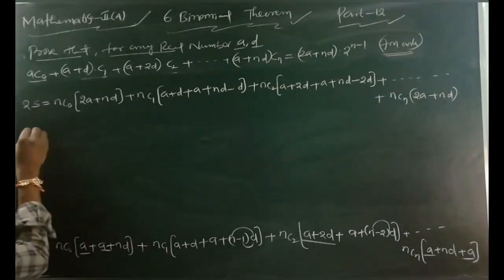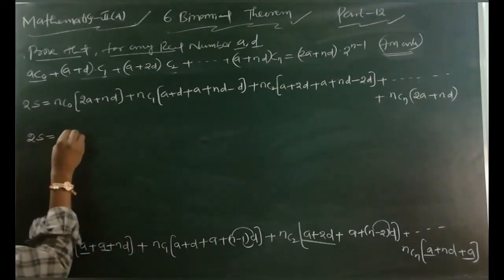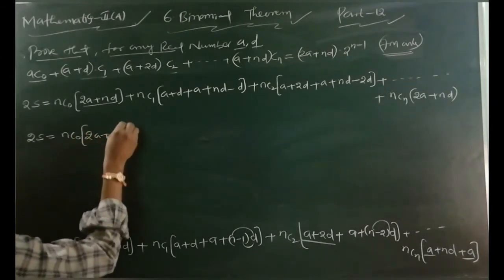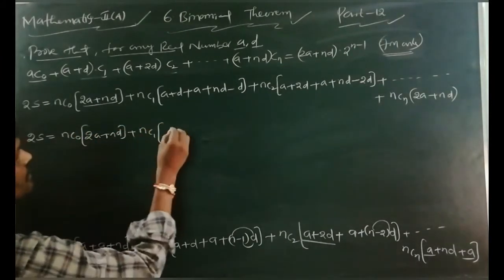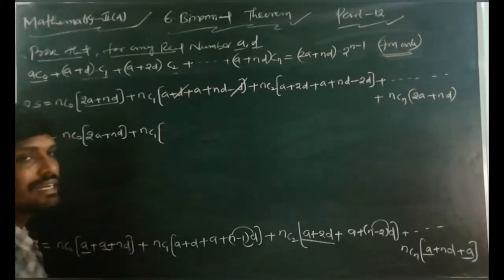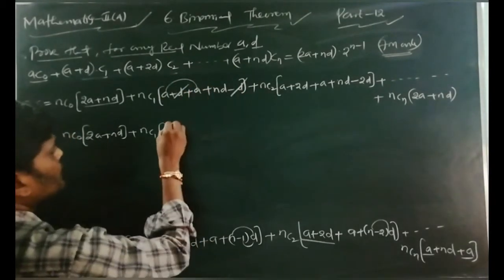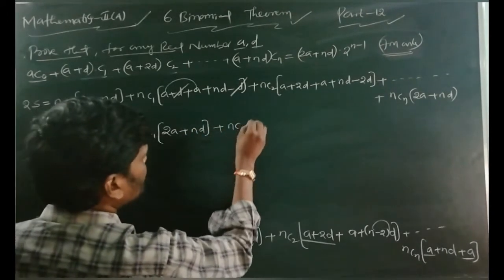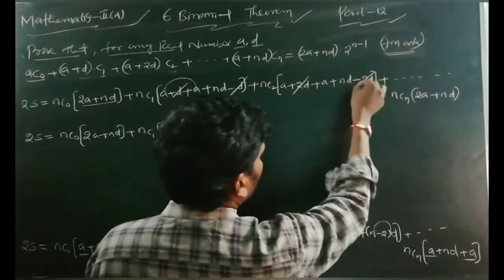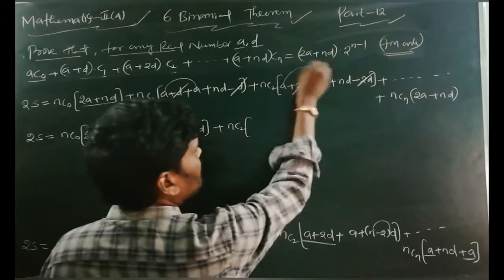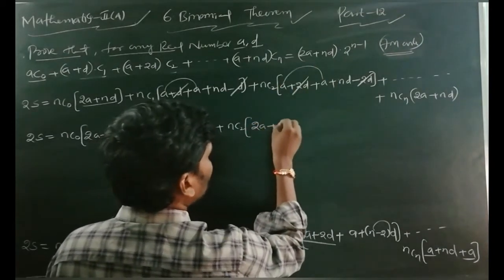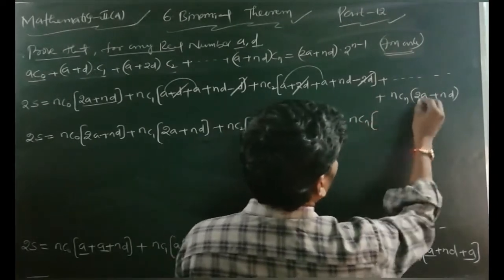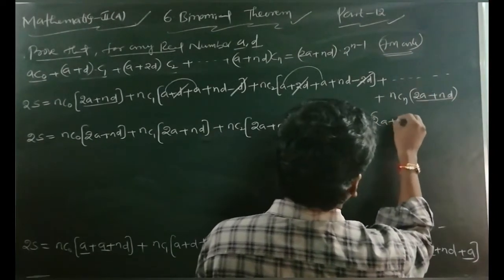After that 2S is equal to nC0 into (2a plus nd), plus nC1 into (minus d plus d get cancelled, a plus a, 2a plus nd), plus nC2 into (plus 2d minus 2d cancel, a plus a, 2a plus nd), and so on, nCn into (2a plus nd).